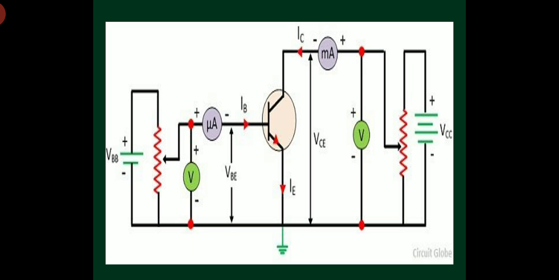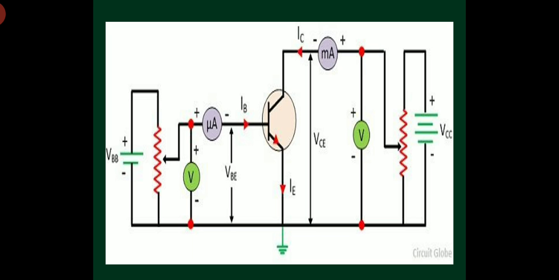The input junction JE must be forward biased, so I am giving positive supply VBB to the base through a potentiometer, and the negative terminal of VBB is connected to ground where the emitter terminal is connected, right? In order to measure the voltage between base and emitter, I am taking a voltmeter, which reads VBE.